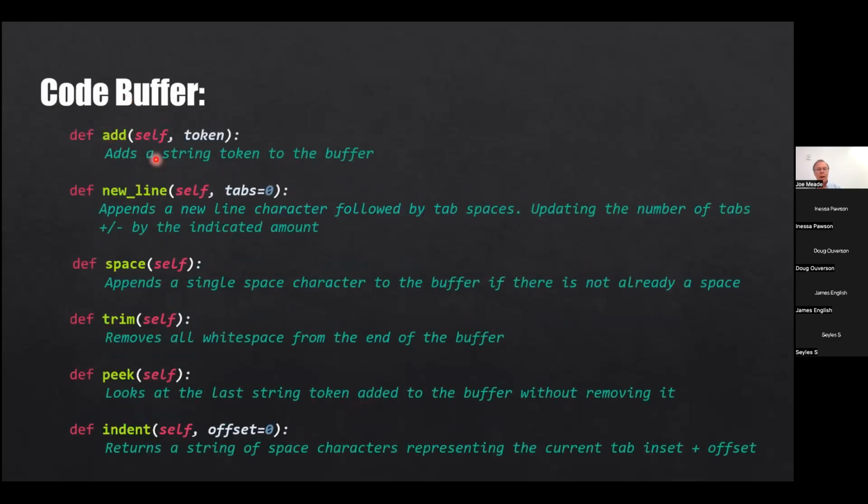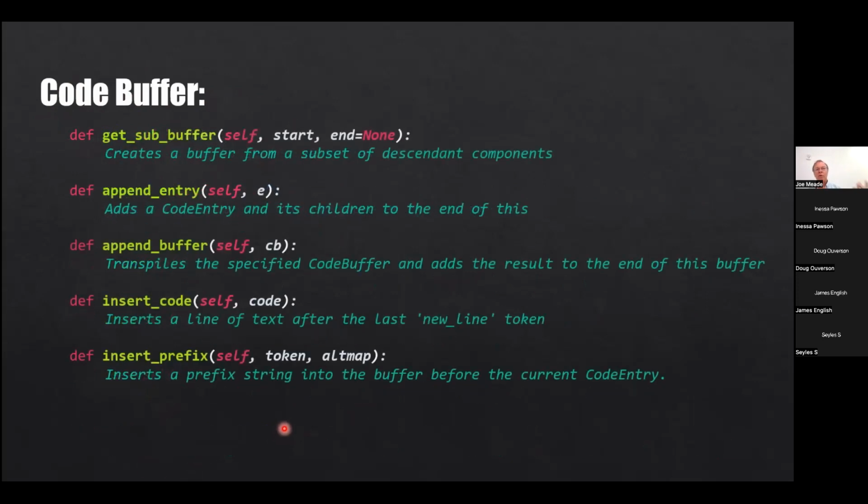The other main thing that code buffer does is you add a token to it. So when your code buffer rule decides that this is a rule I'm going to apply, it adds a token. It can add a new line, it can add spaces, it can do trimming, it can peek at the last token that was added, which is useful. You can also have sub buffers.